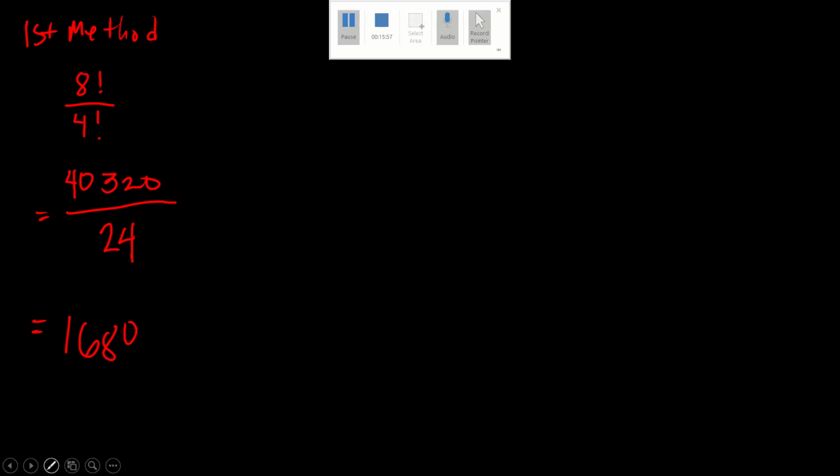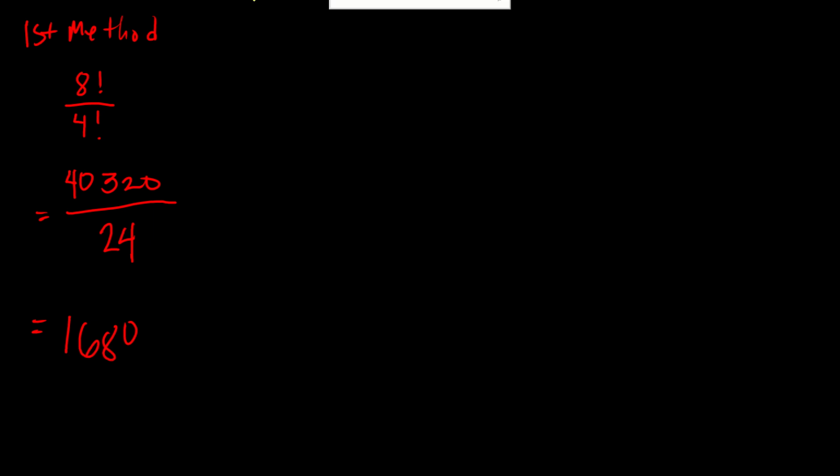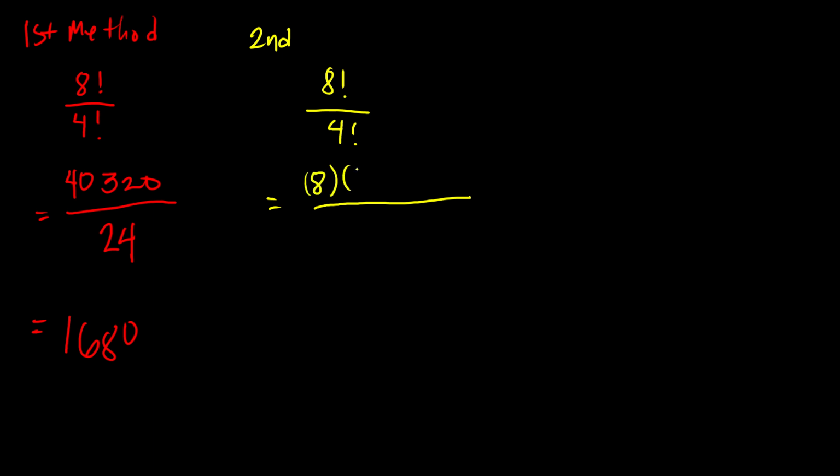Now, for the second method po, si 8 factorial over 4 factorial yung i-divide. So, pwede natin gawin, since multiplication yung process na involved, si 8 factorial is the same or is equal to 8 times 7 times 6 times 5 times 4 times 3 times 2 times 1.